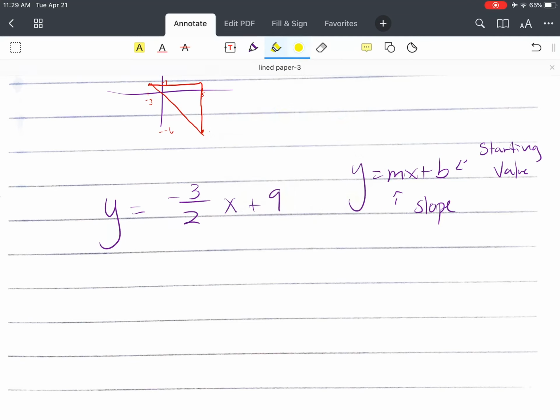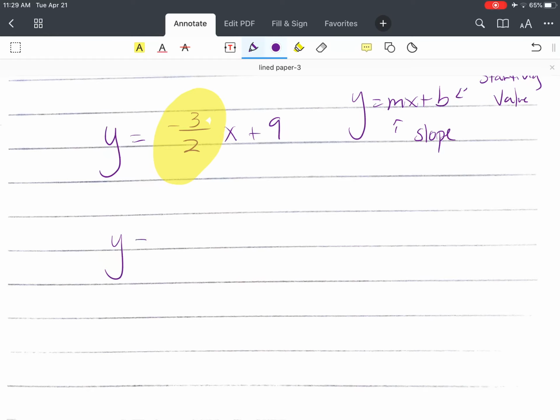So according to this, what's the slope? It's the number in front of the x. Negative 3 over 2. And that's it. It's literally the number in front of the x.